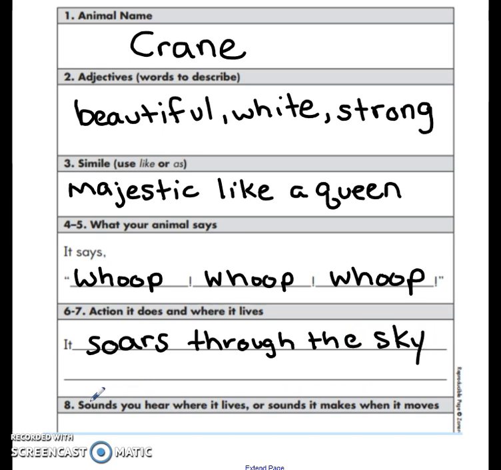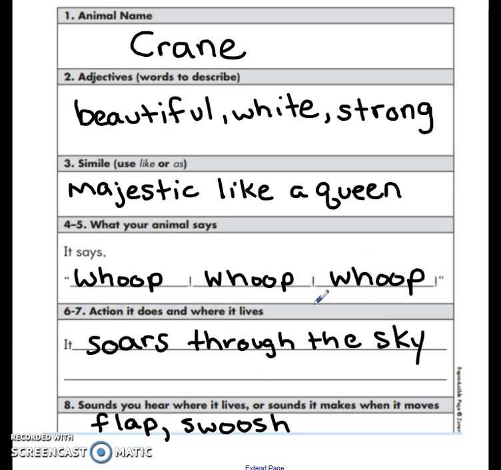And then last, sounds you hear where it lives or sounds it makes when it moves. So when I think of it moving and soaring and flying, I'm going to think of words that sound like flying and birds' wings. So maybe I would use the word flap. And usually when you're kind of going through the air, you might make a swooshing noise. So I'm going to say swoosh.